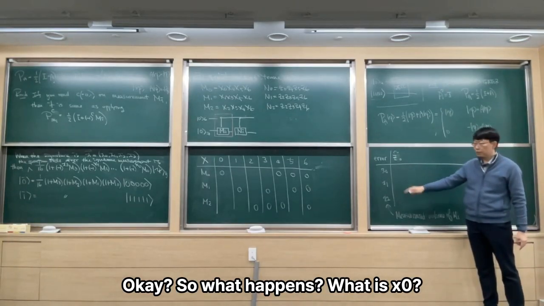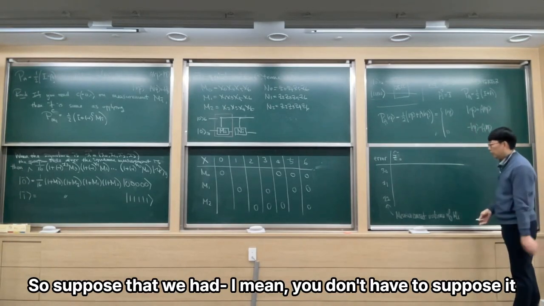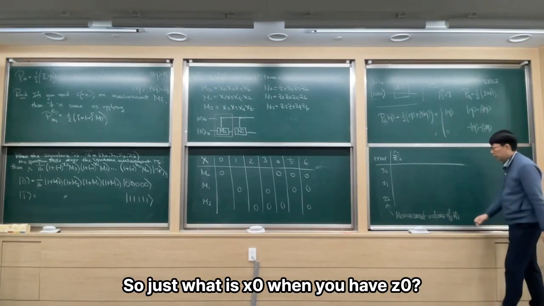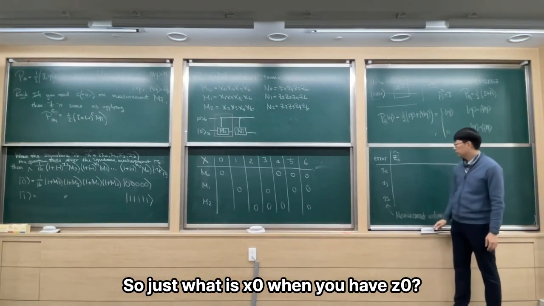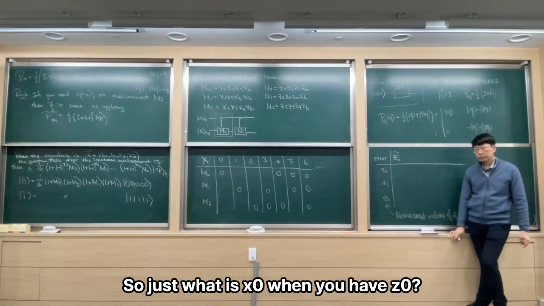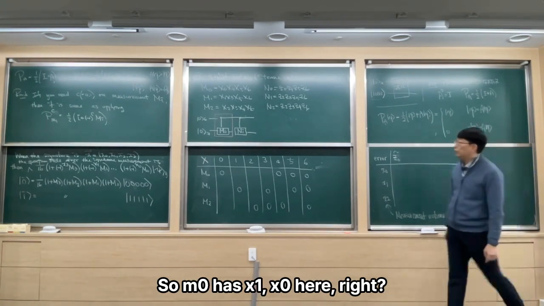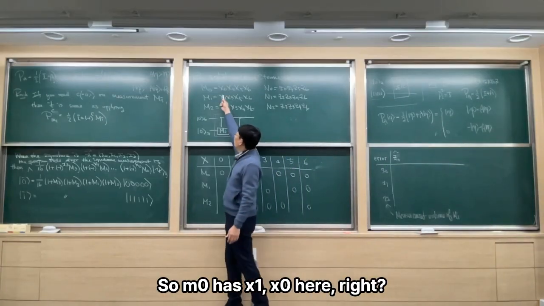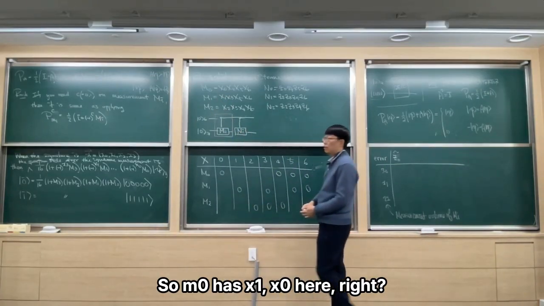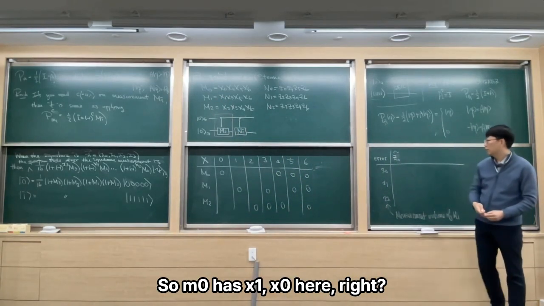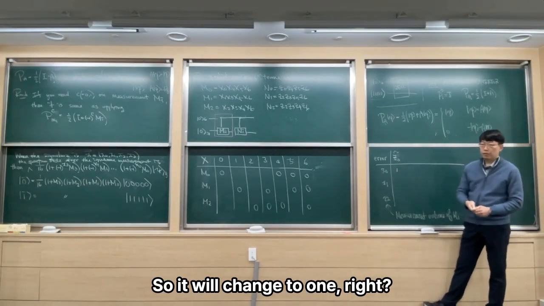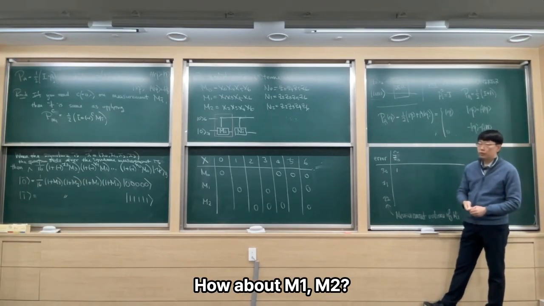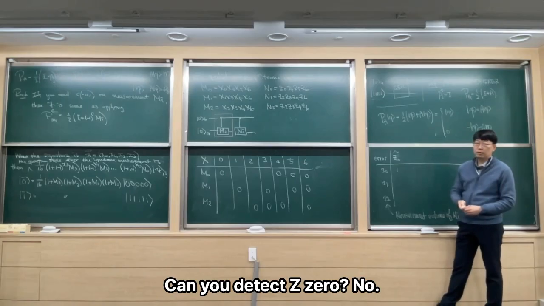What happens? What is X0 when you have Z0? So M0 has X1, X0 here, right? So it will change it to 1. How about M1, M2? Can you detect Z0?